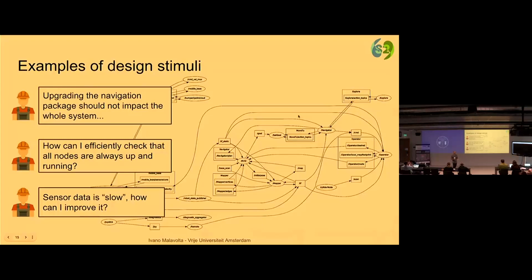So I'm not talking about improving the specific algorithm for data fusion, for example, but about adding an intermediate node that does the data fusion on a dedicated node. Okay? So it's more of a bird's-eye view perspective of the system.